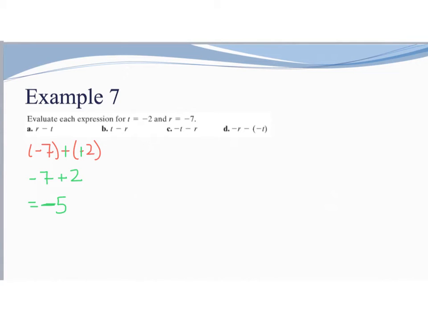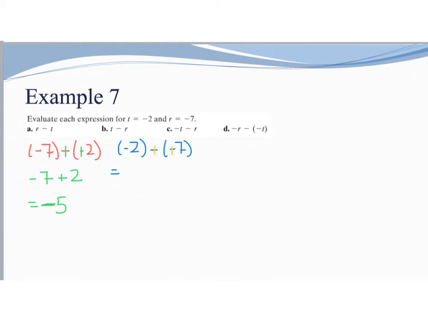Now for part B, I have t minus r. So this is going to give me a negative 2 minus a negative 7. So again, I'm going to plug in that parenthesis and do a negative 7 there. I have a negative minus a negative, which is going to change these both to positive.